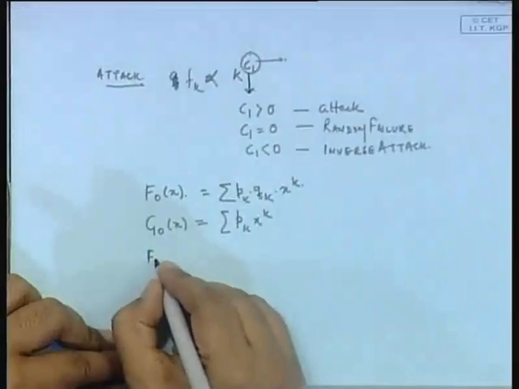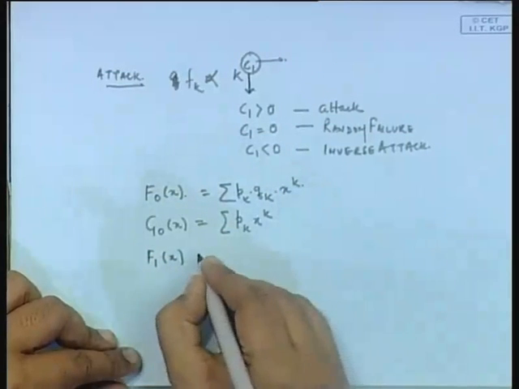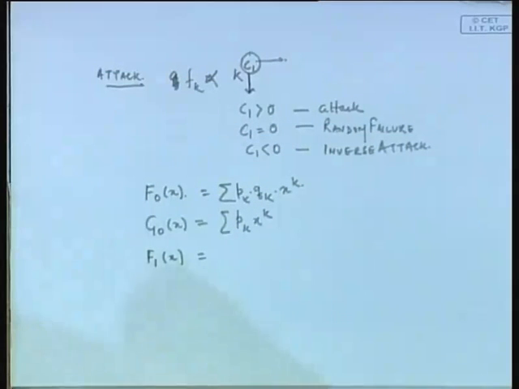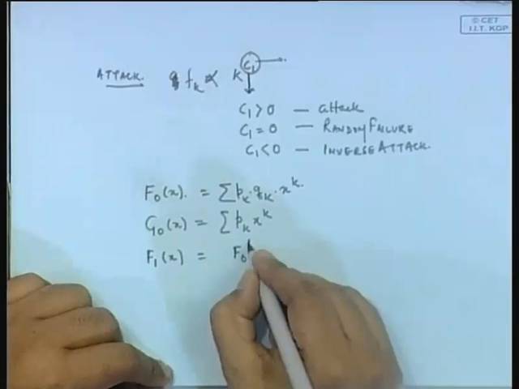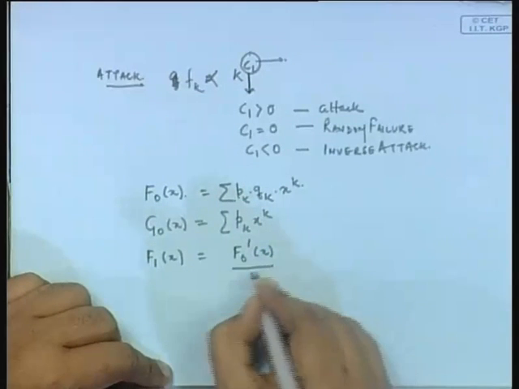Then what will be f1x, like g1x? I want to find out f1x. It will be the same way, the same definition: f0 prime x by z.